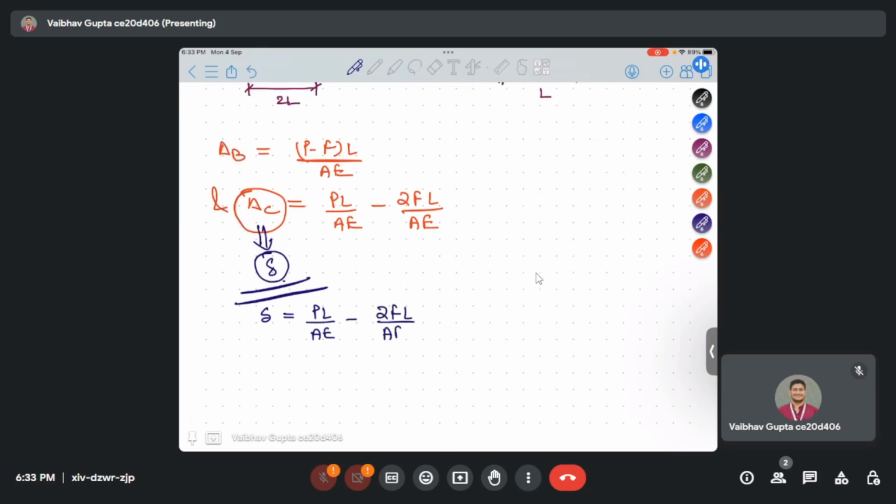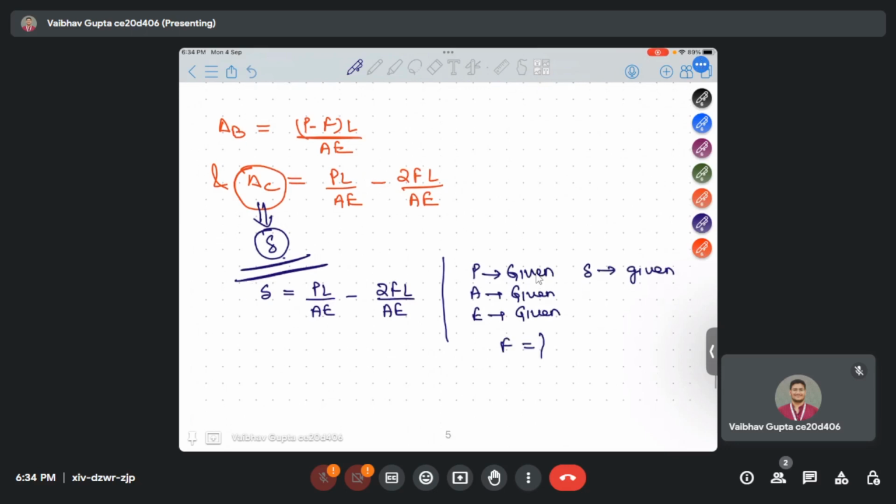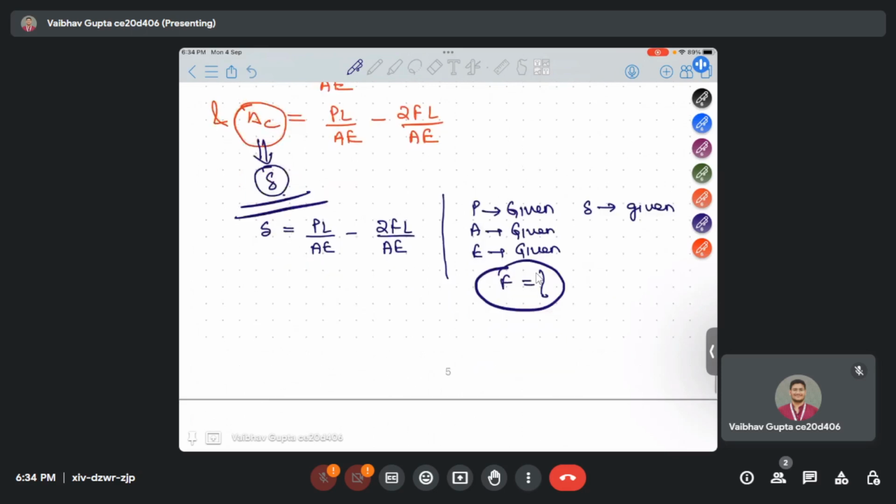Now P, A, and E are given in the question, and delta is also given. So what is left? F. Just substitute the values. So F will become one by two times P minus delta AE upon L.